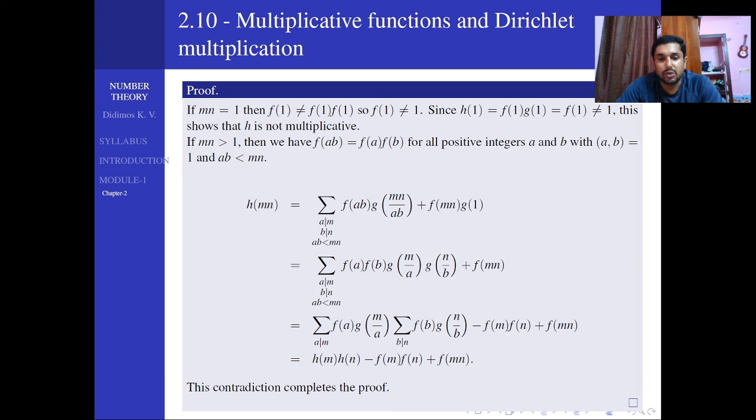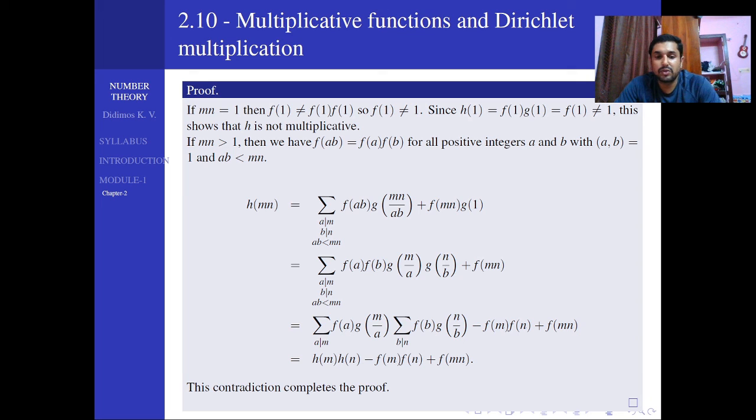This is the same as the technique in the previous theorem. That is equal to sigma a divides m, f of a, g of m by a, times sigma b divides n, f of b, g of n by b, minus f of m into f of n, plus f of mn.